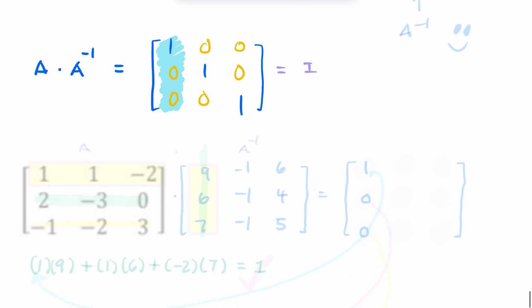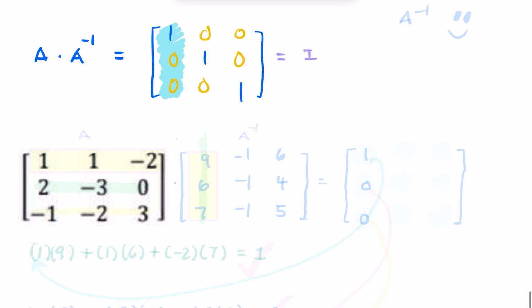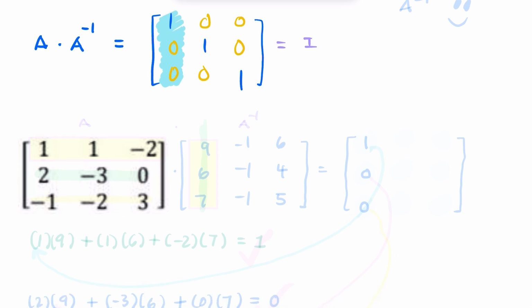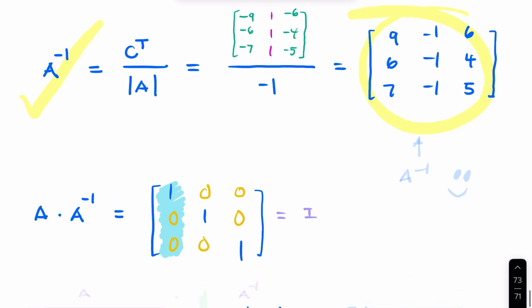So A from the question is this matrix here. So I'm going to multiply that by the inverse that we just found. And remember, when you multiply matrices, you need to multiply the row by the column. So it's a bit of work involved, but let me do that element by element here.